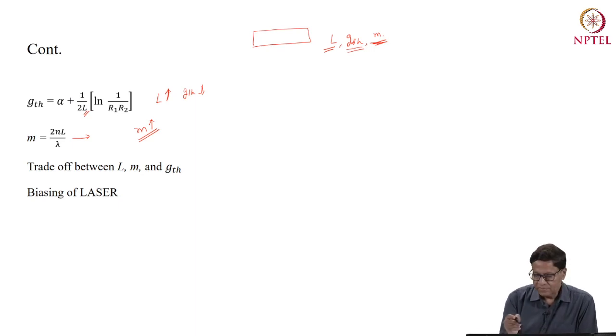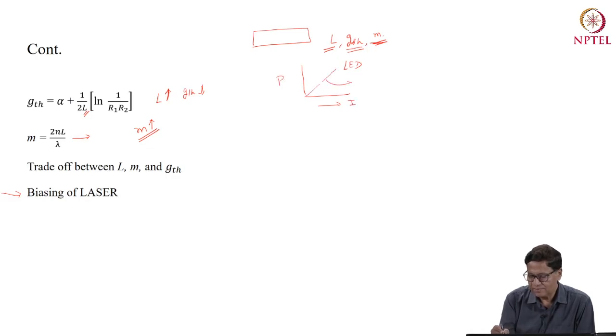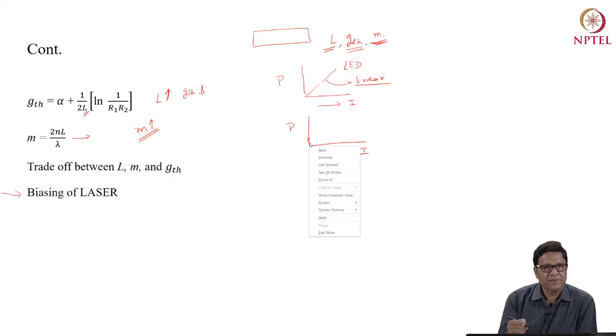Now let us try to understand how we bias a laser. If you see the characteristic of an LED, for example, if I change the current here and the power here, it is almost linear. Whereas in the case of a laser diode, when I am changing the current and this is the power, initially population inversion has not happened.